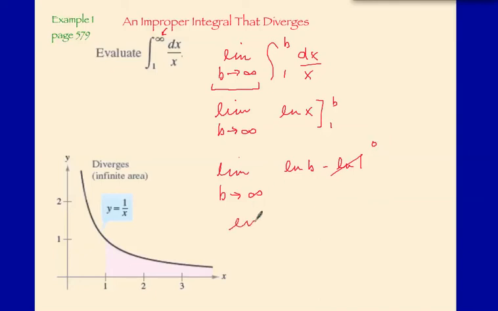So I'm really asking the limit as b approaches infinity of the natural log of b. When I plug this in, I get infinity. This function diverges, and we are not going to be able to find a finite area. It diverges and there's an infinite area. That might seem dissatisfying, but it did show us something that we needed to know.